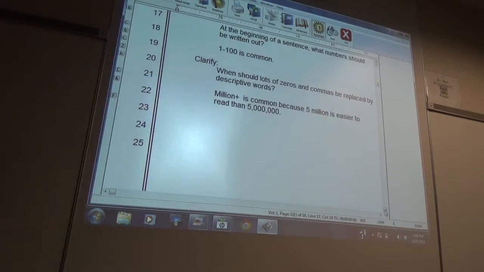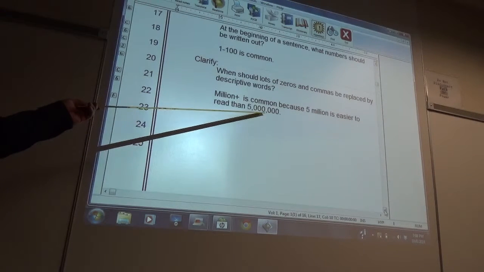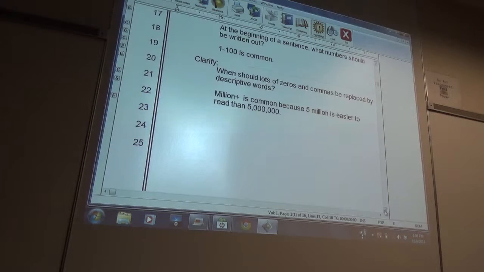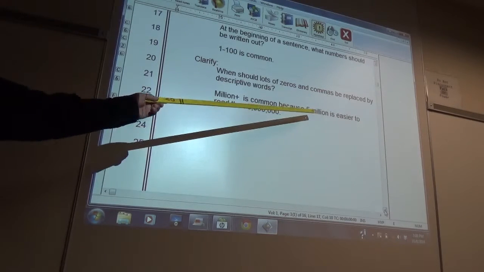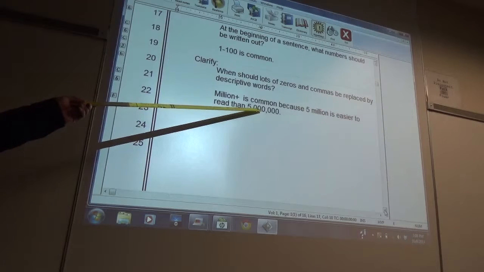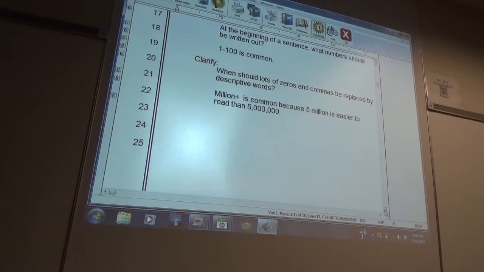And they're just giving you examples of when it's easier to write out rather than put the numbers. You want it easier for the reader, okay? This is a lot easier to read: 5 million as opposed to 5,000,000. But say it's 5,437,000.